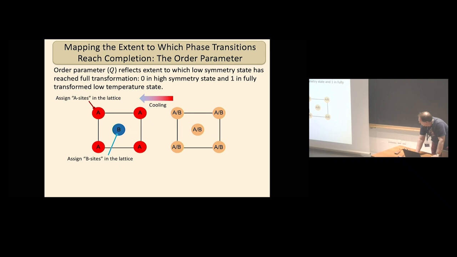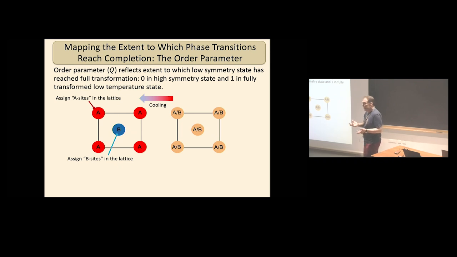Well, we imagine that there are very distinct atomic sites where A atoms belong, and very distinct atomic sites where B atoms belong. And we're going to say, if an A atom is on an A site, then it's right. If a B atom is on a B site, then it's right. But if an A is on a B or a B is on an A, then they are wrong.